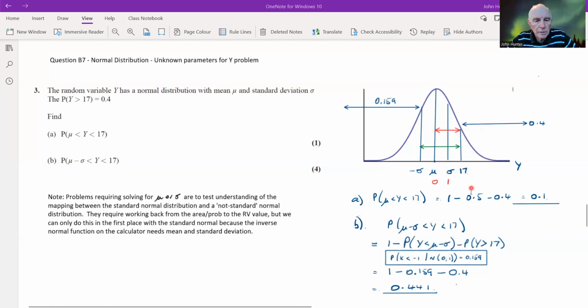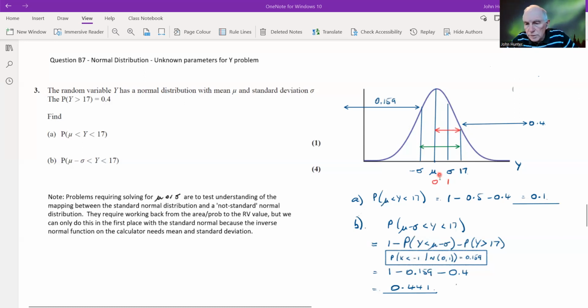So then it says find the probability that the random variable is between mu and 17. So what we want is this red bit here, between mu and 17. We want this area under the curve between these two lines, denoted by the red arrows.